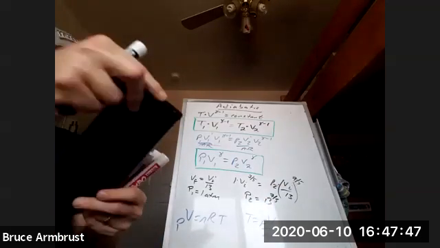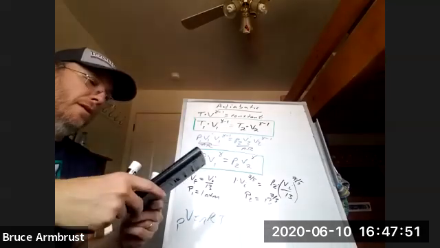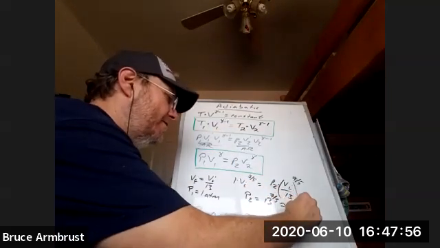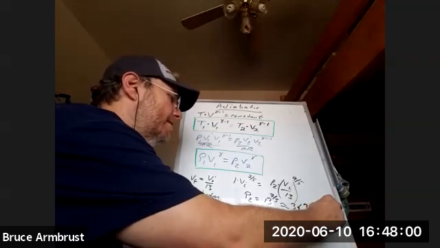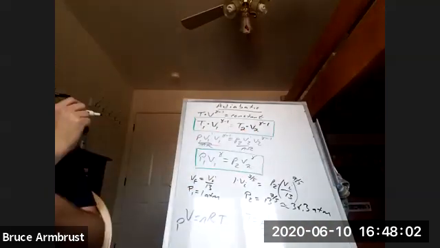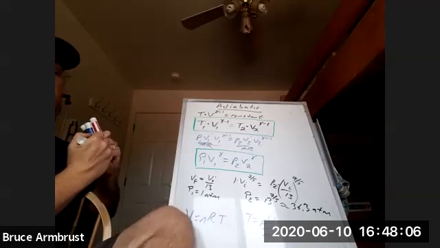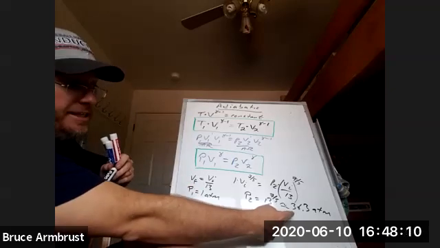Let me get that real quick. If I take 13 and raise it to the 1.4, that's around 36 and change, 36.3. So check that out. Look at how much I increased the pressure in there. 36 times.